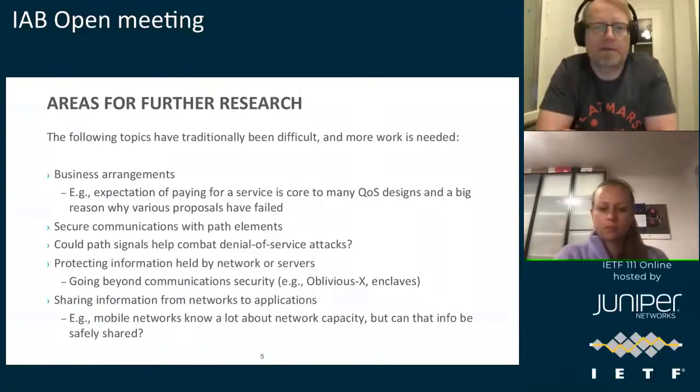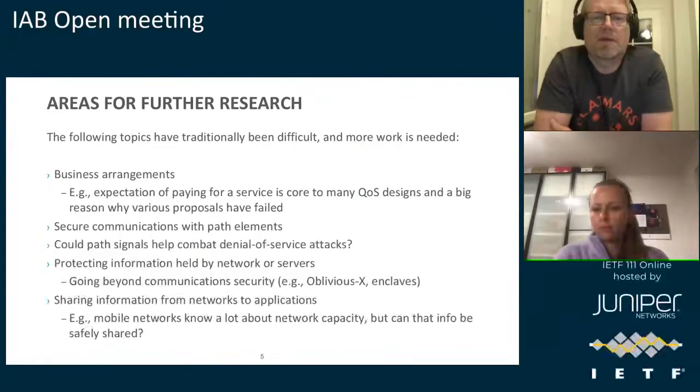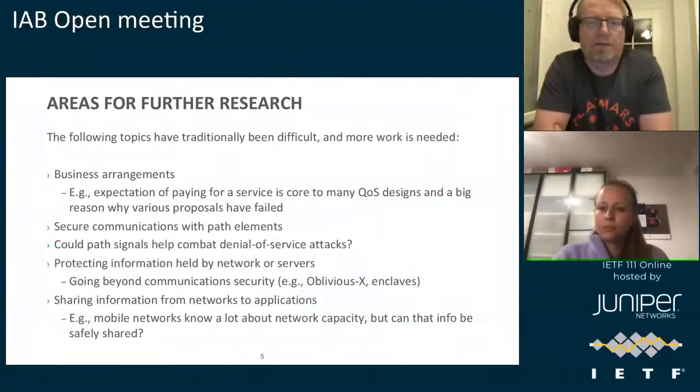You could have potentially various kinds of new ideas about how to do new things with path signals, and one idea that we did talk about a little bit, Ted had been working on something in this space, and maybe he wants to talk about it later in the comments, but you could perhaps do some throttling of flows related to denial of service attacks, for instance, if we had the necessary path signals for that. Hand waving a little bit here.